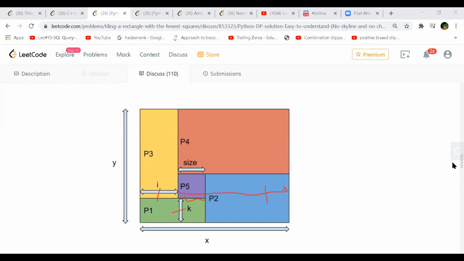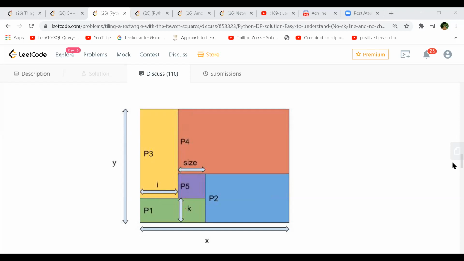So I can go from 1 all the way to here. Same thing, K can also go from this value all the way till here. So we are covering all the spaces that way. So I and K determine where the P5 position will be. It will push the P5 that way, and then it will cover most of the places.